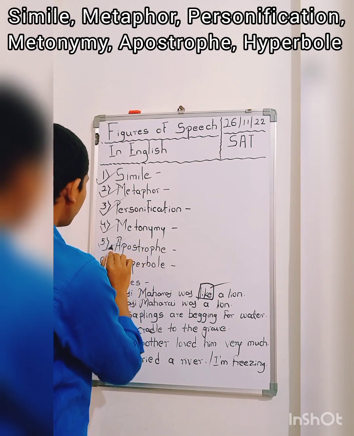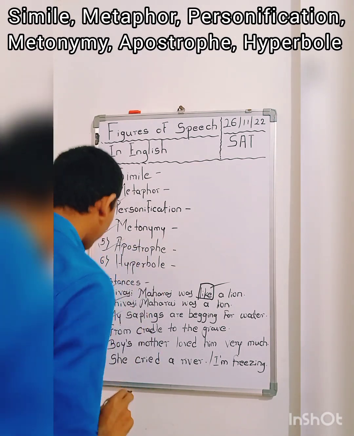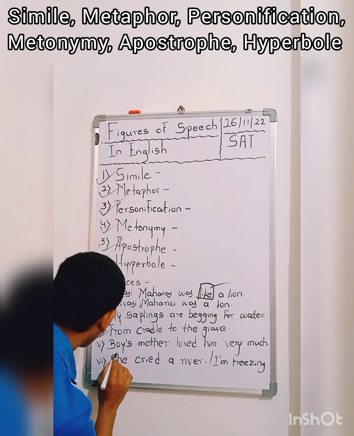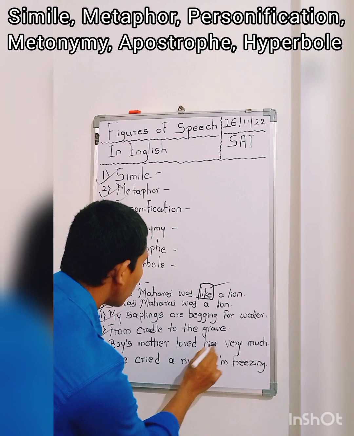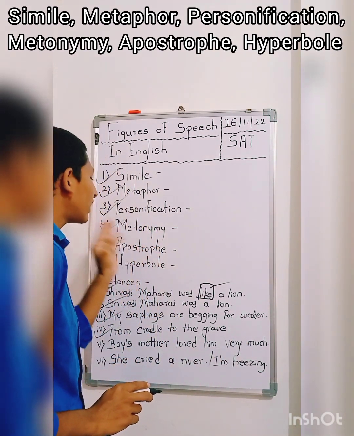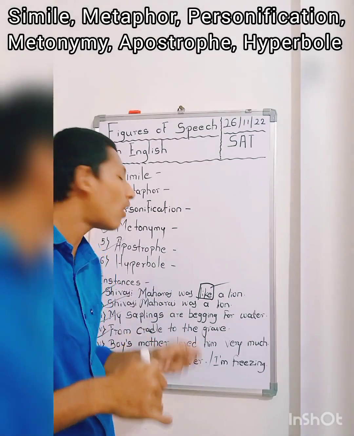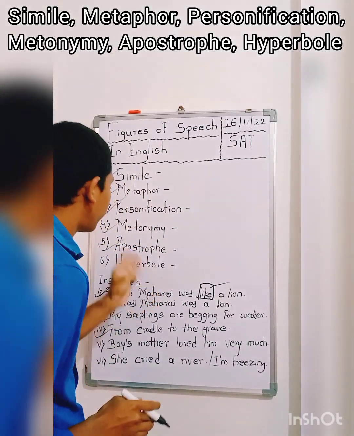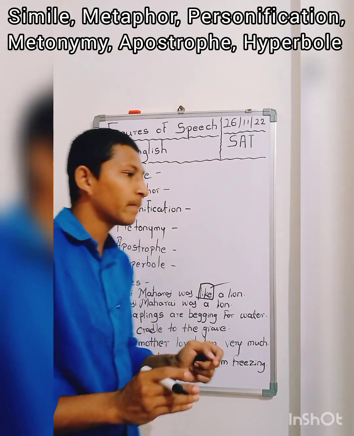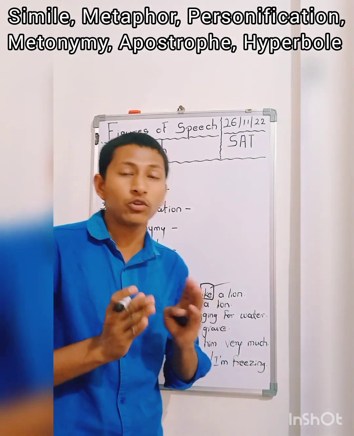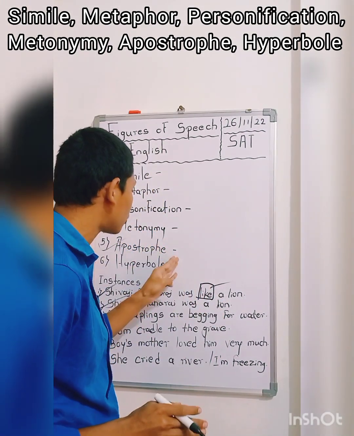Now the fifth figure of speech. The name of the fifth figure of speech is apostrophe. We will also learn that with an instance. That is, "boy's mother loved him very much". In which circumstance do we have to use this apostrophe figure of speech? You should not be confused in the usage of apostrophe.